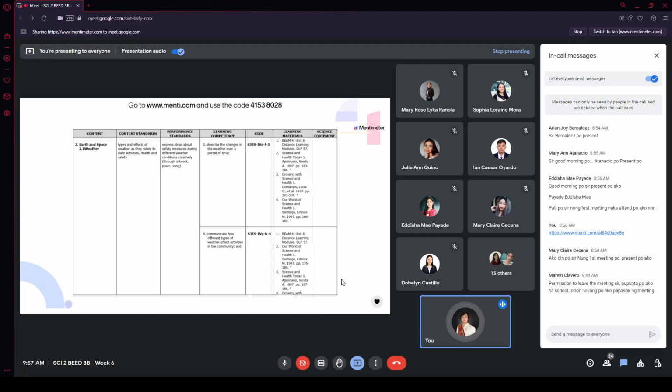So, what are the content standards? Types and effects of weather as they relate to daily activities, health and safety. Performance standard: express ideas about safety measures during different weather conditions creatively. So, through artwork, poem, and song.